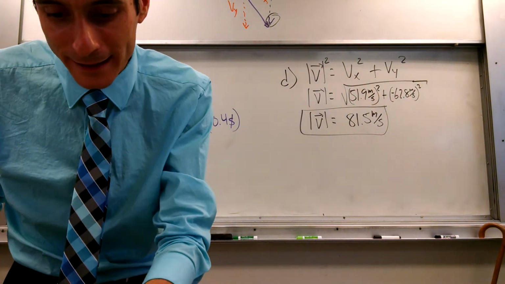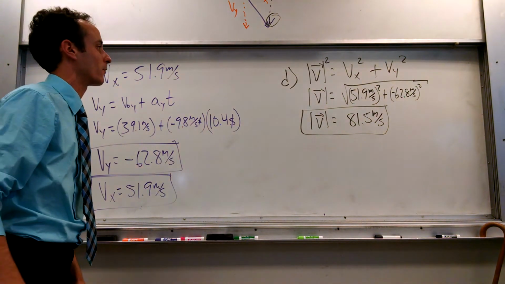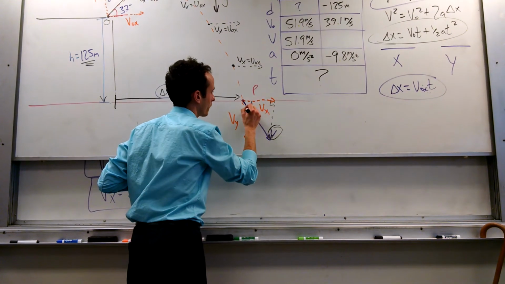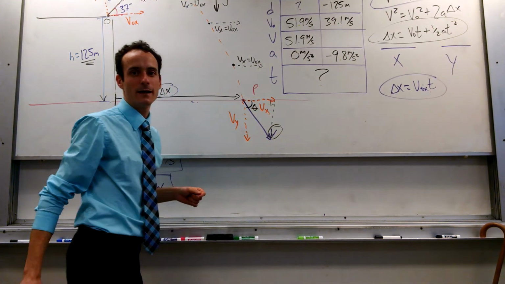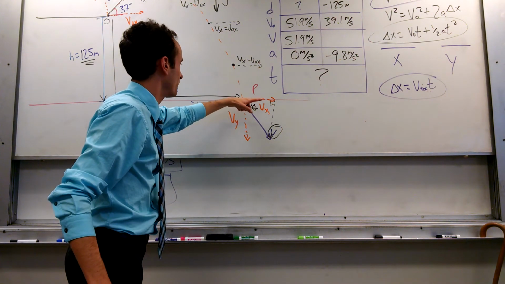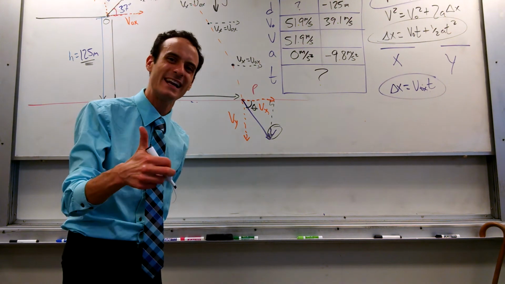Now they want me to find the angle made by the velocity vector with respect to the horizontal. I'm looking for this angle, theta, which is the angle with respect to the horizontal that the vector is going with. Hopefully I'm going to get a negative angle.